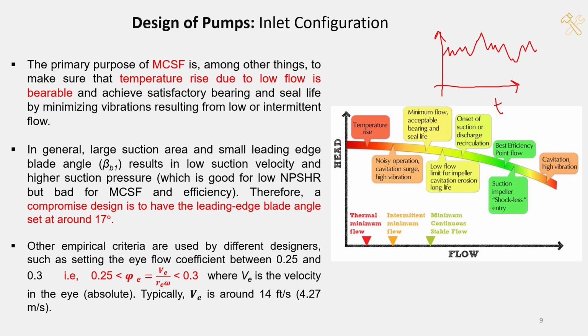Basically that means the pump is not working close to the best efficiency point. It could be very high flow rate, or it could be very low flow rate, but we know that it's not working near its best efficiency point. If it's working near its best efficiency point, the flow rate should not fluctuate like this.